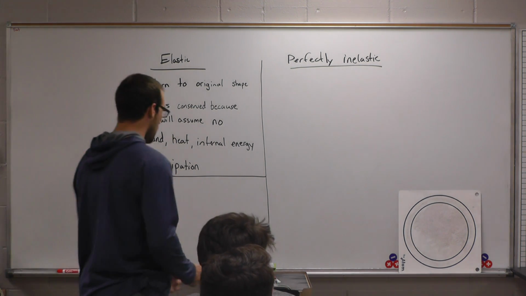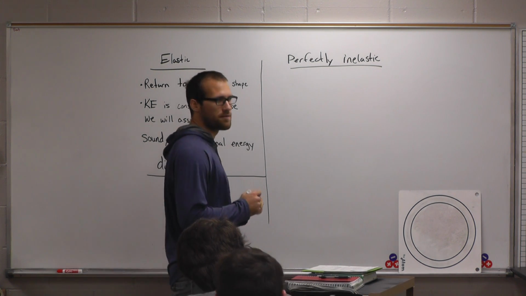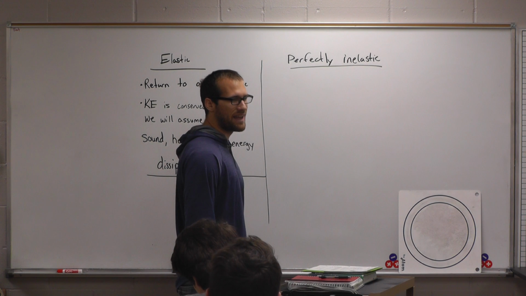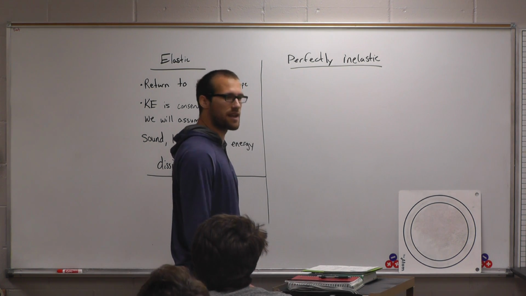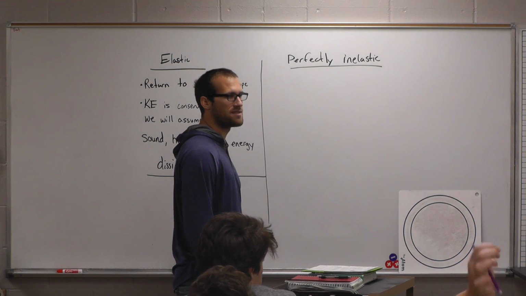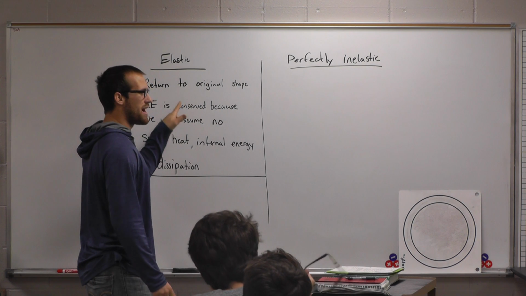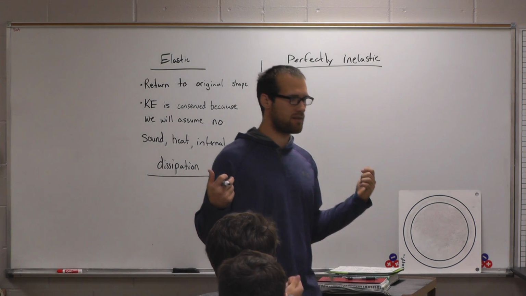Okay, then perfectly inelastic is when the two objects collide, and they stick together essentially, right? And we can treat them as having the same final velocity. In this context, we're having two objects collide and leave each other independently.